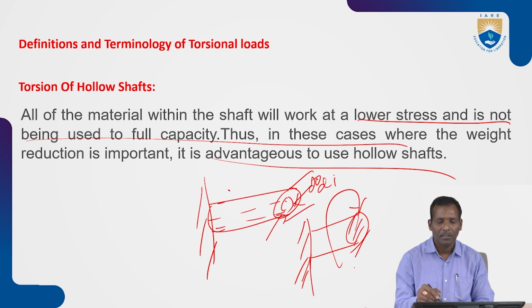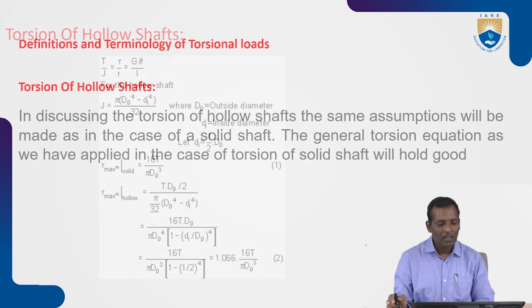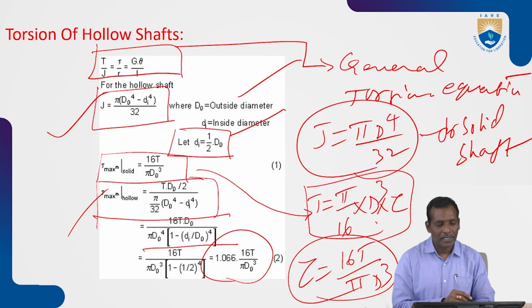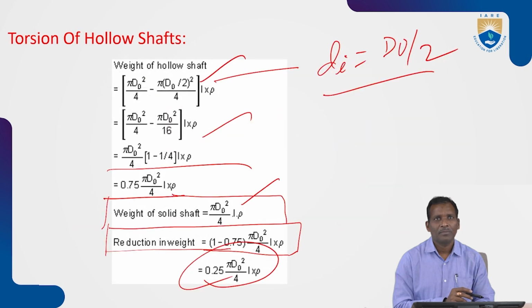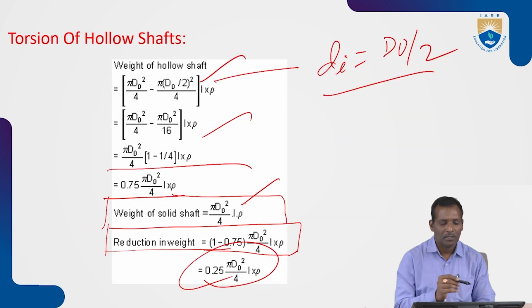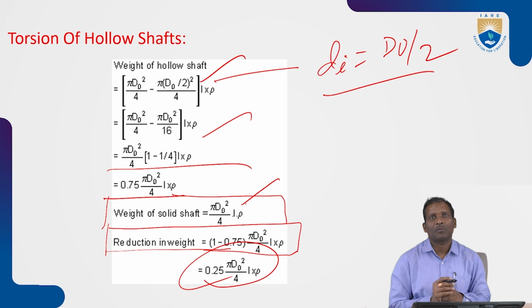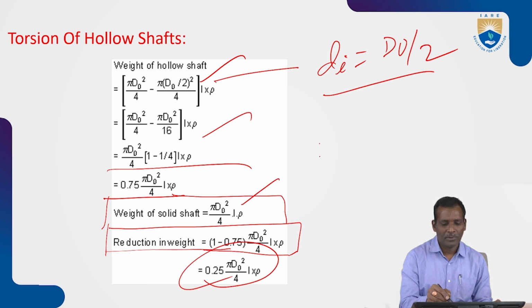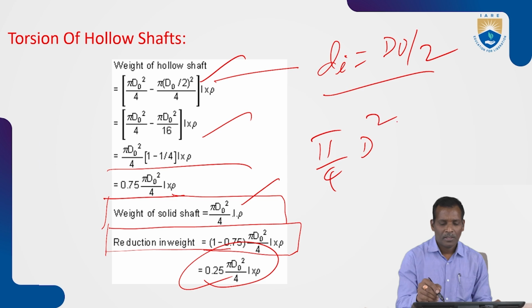The weight is higher in solid, so that's why you have calculated here the weight reduction through the torsion equation. So the weight of the solid shaft is pi by 4 d square, area, multiplied with L into rho.